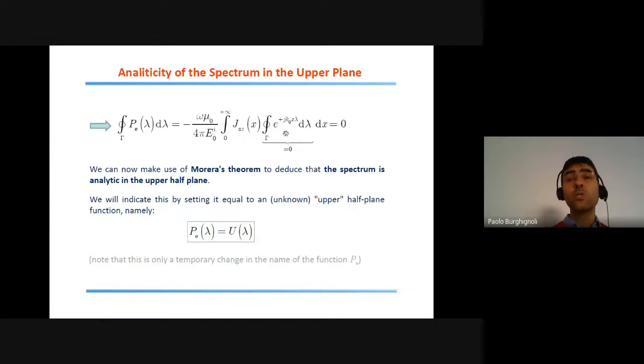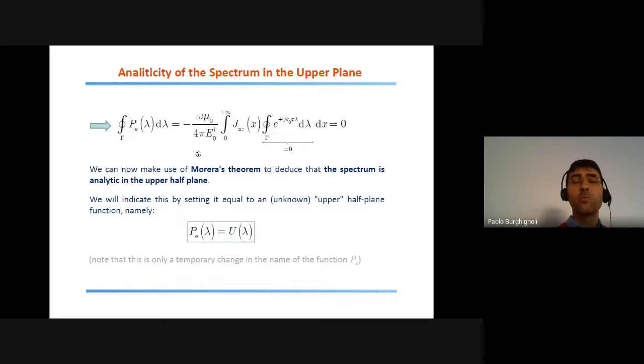And now the exponential function is analytic everywhere. So if you integrate along any closed contour, by Cauchy theorem, this integral will be equal to 0. So what we have obtained is that any integral of our spectral function made with respect to a closed contour contained in the upper half plane is equal to 0.